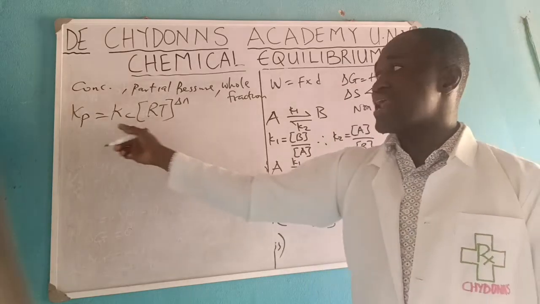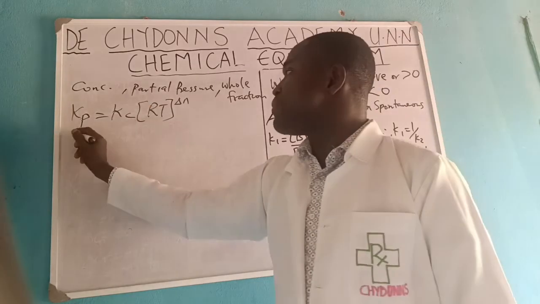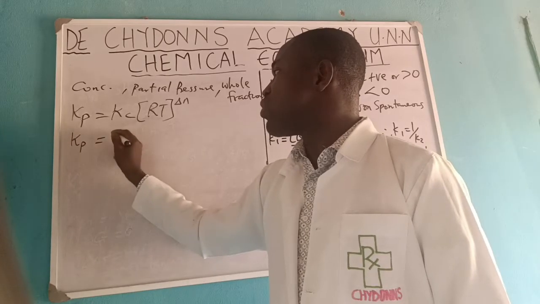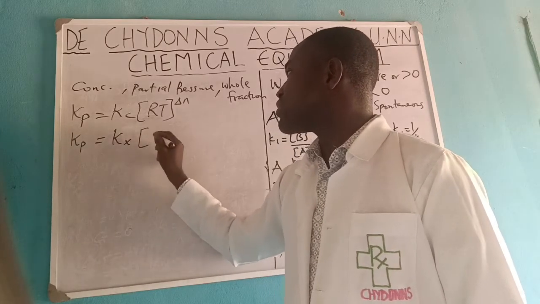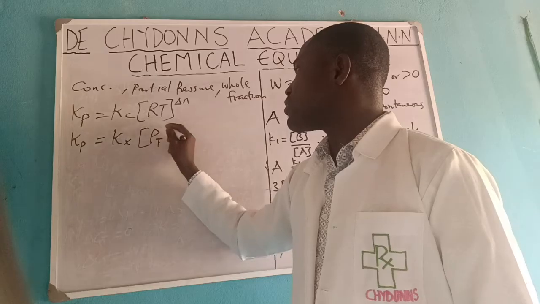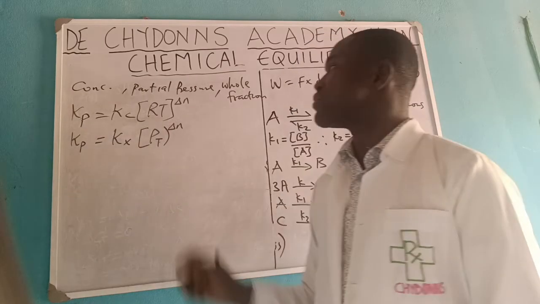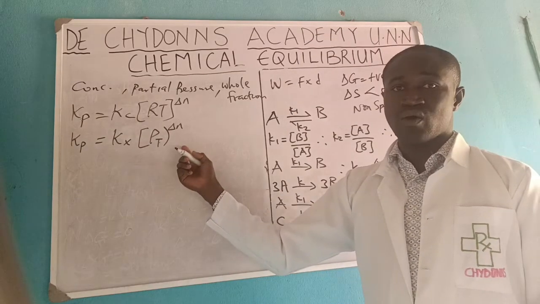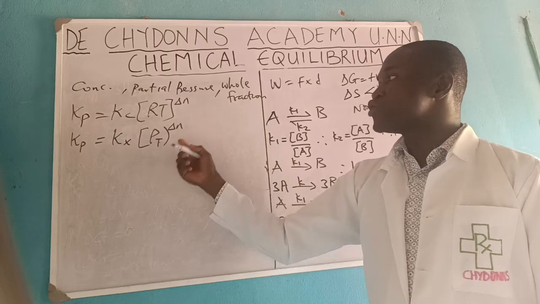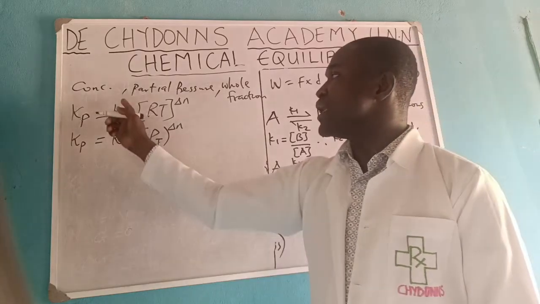See how they are related now. You can also represent it as this equal to Kx (PT) raised to the power of change in n. You can see now. Yes.